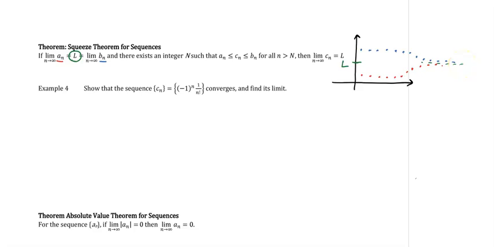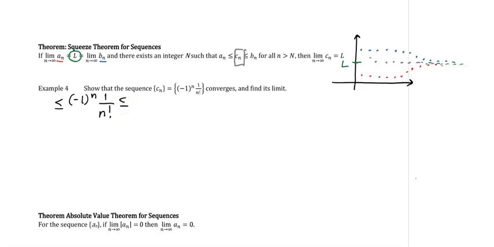The squeeze theorem says that you can use that to find the limit of a third sequence c sub n if it is squeezed in the middle of those two sequences. So that's what we're going to do. So we have the sequence c sub n equal to negative 1 to the n multiplied by 1 over n factorial. The first thing we need to do is find the sequences a sub n and b sub n such that negative 1 to the n, 1 over n factorial, will be squeezed in between them.